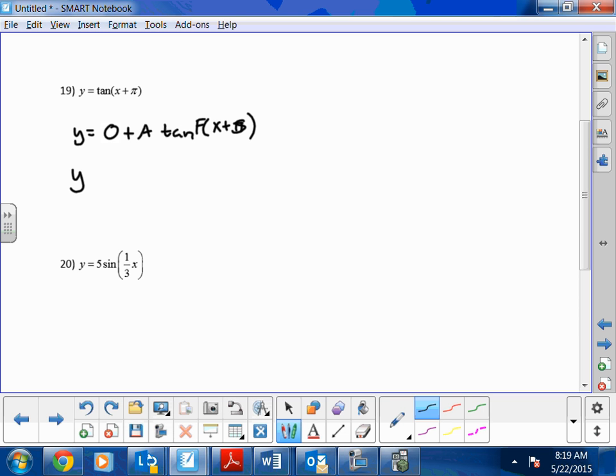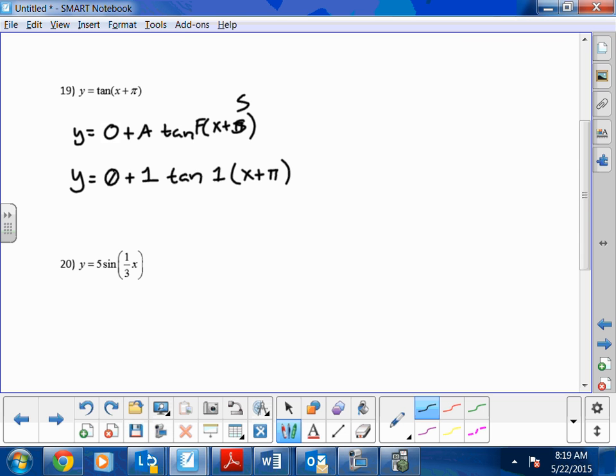Okay. So what is happening here? Oops, I want to put equals there. Let's go ahead and put a plus there. Tangent 1 frequency x plus pi. Remember, this is S, the starting point.